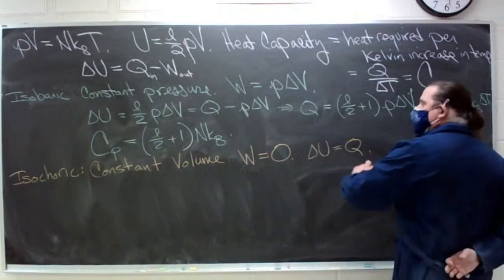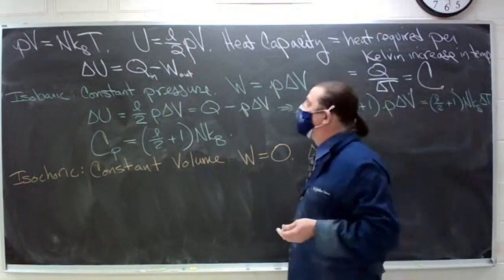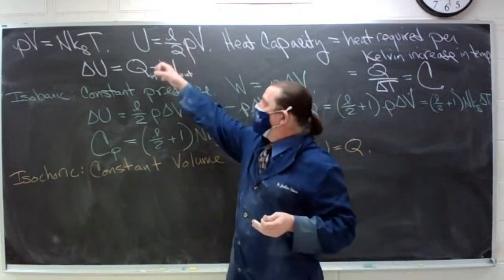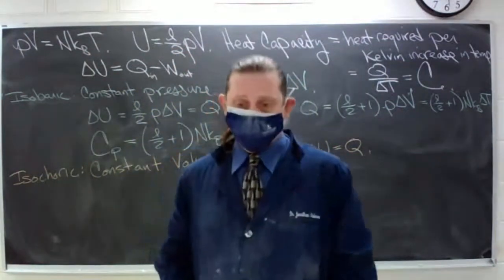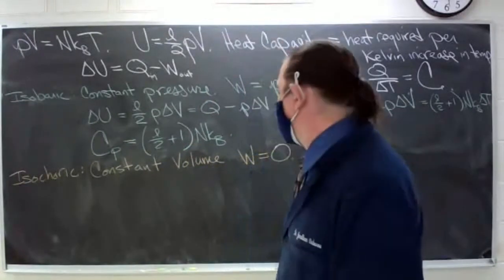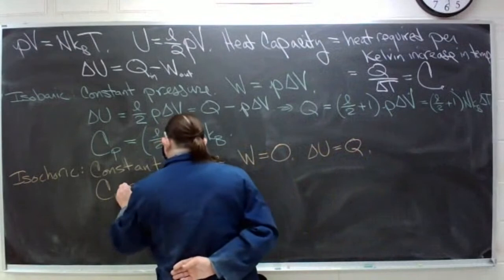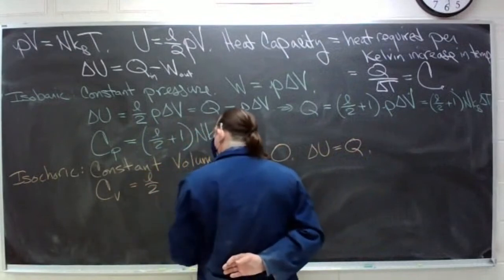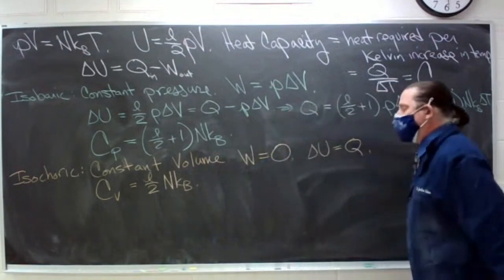Because the change in internal energy is just L over 2 N k Boltzmann change in temperature. Okay? So the heat capacity at constant volume is equal to L over 2 N k Boltzmann.